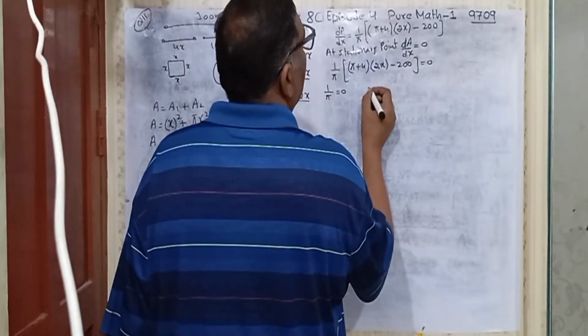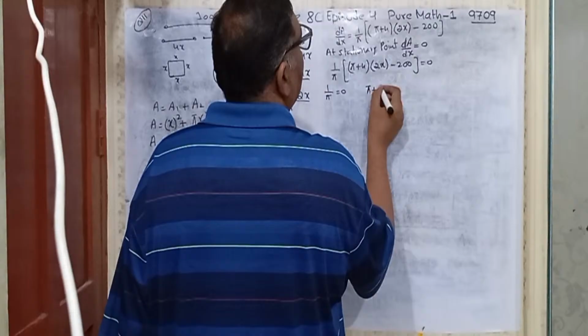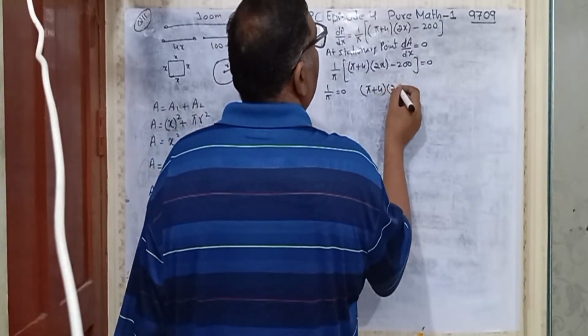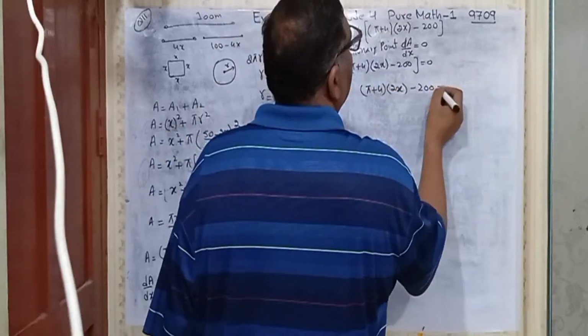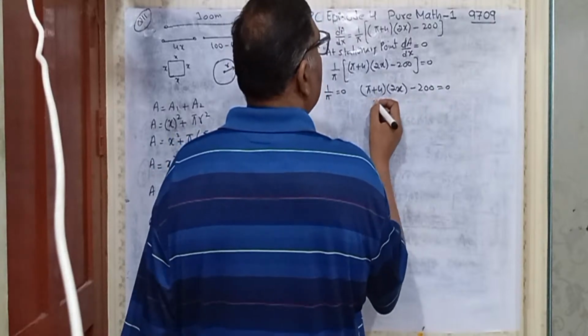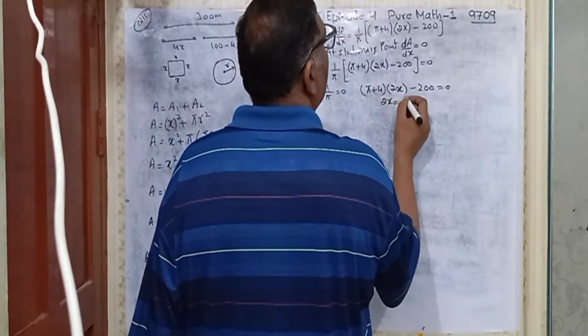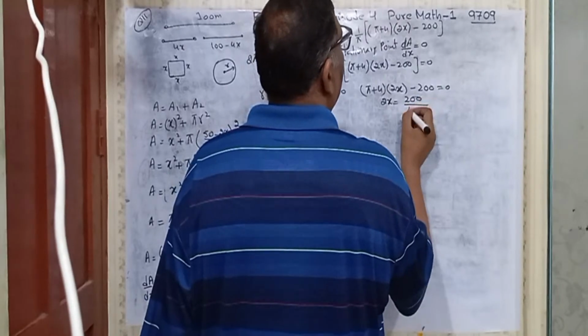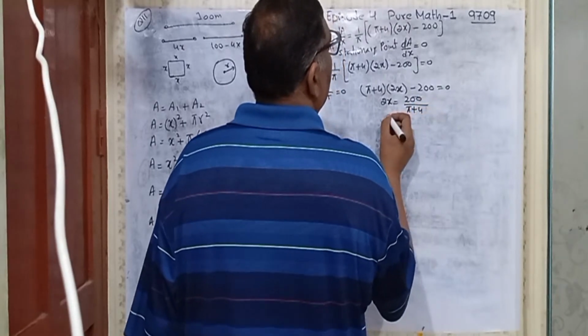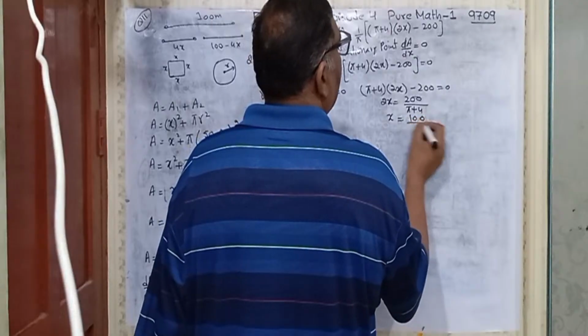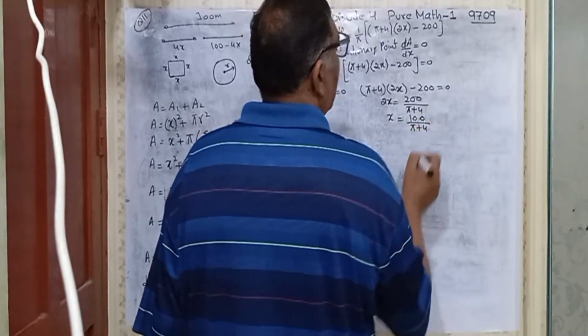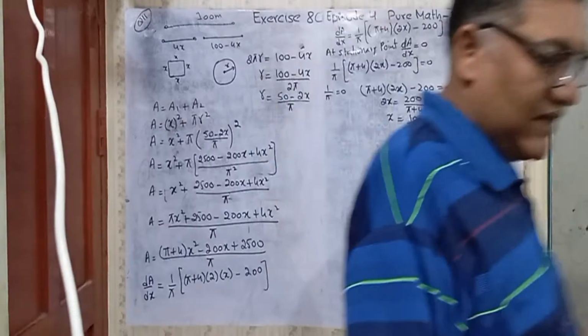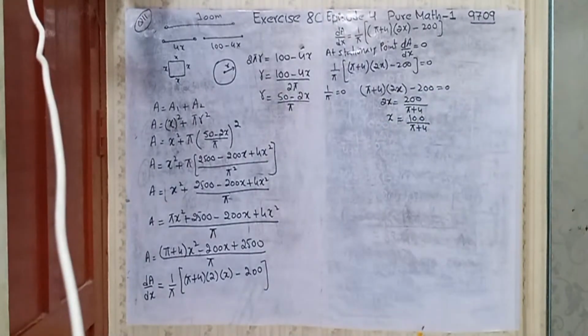Okay. So pi plus 4 into 2x equals 200. So you will have 2x equals 200 divided by pi plus 4. This 2 will cancel, so you will have 100 divided by pi plus 4. So at the stationary point, the value of x will be 100 divided by pi plus 4. So this is the right answer.